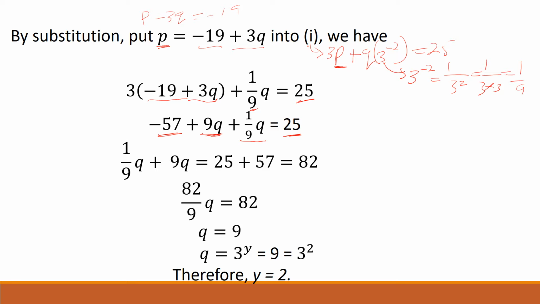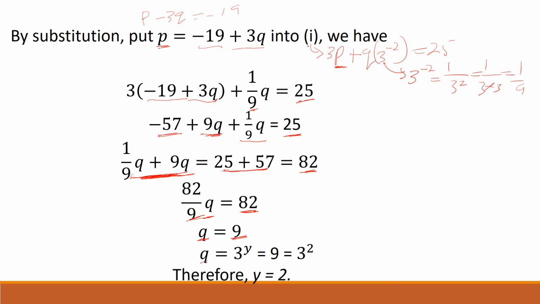Collect the like terms. The q's are on the left and the numbers are on the right. We add the numbers 25 plus 57 and we have 82. So we'll make this a single fraction and we have 82 over 9q. Okay, we divide through by 82 and multiply through by 9, and we have our q to be equal to 9.